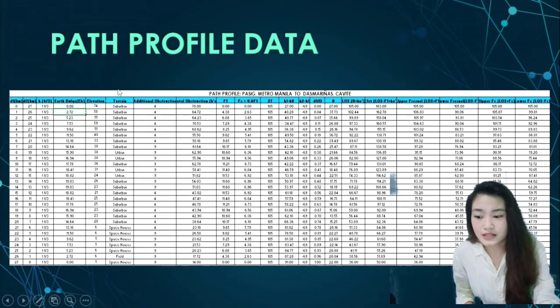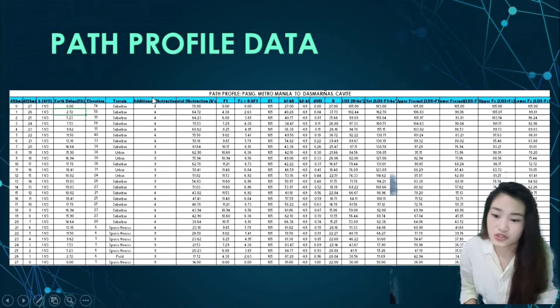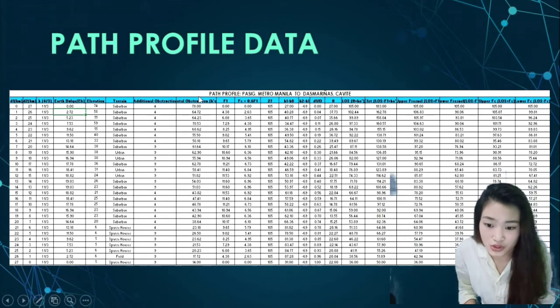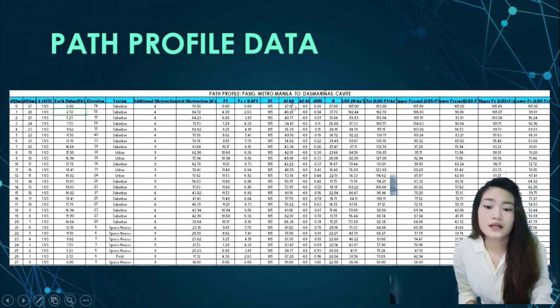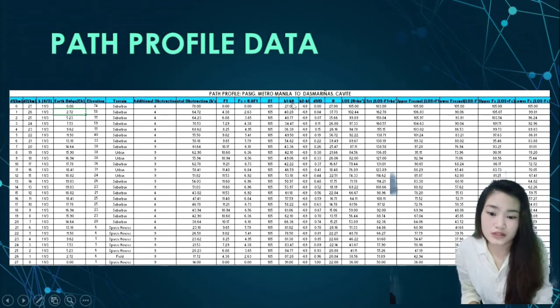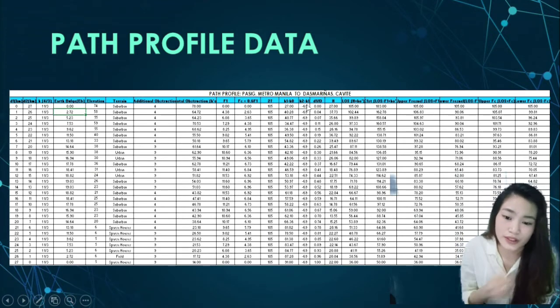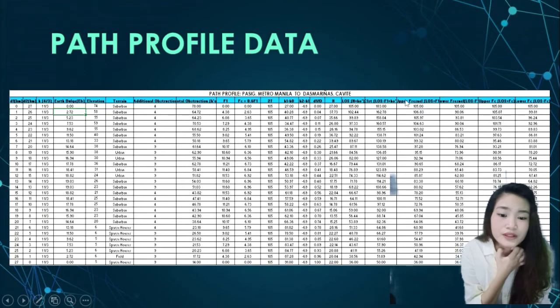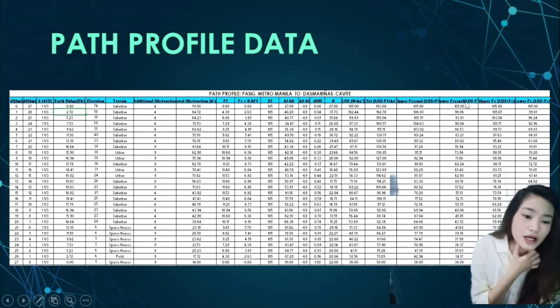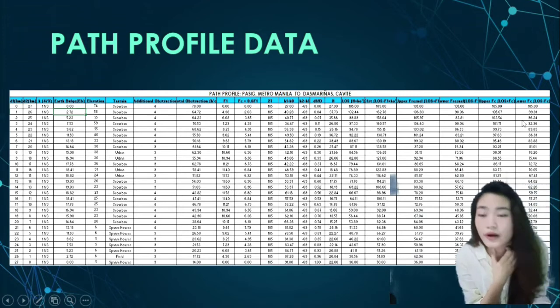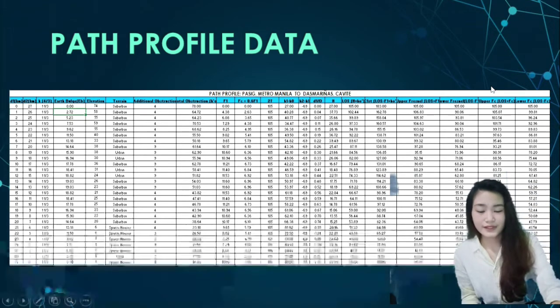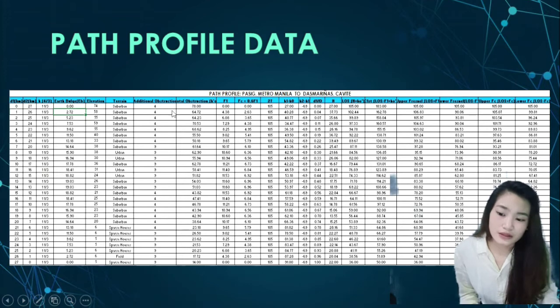And yes, this is the D1, D2, K factor, earth bulge, elevation, terrain, additional obstruction, total obstruction, F1, FC, 27, H1 minus H0, H2 to H1, upper Fresnel zone, lower Fresnel, upper FC, and lower FC. And yes, you can take a look at the data.